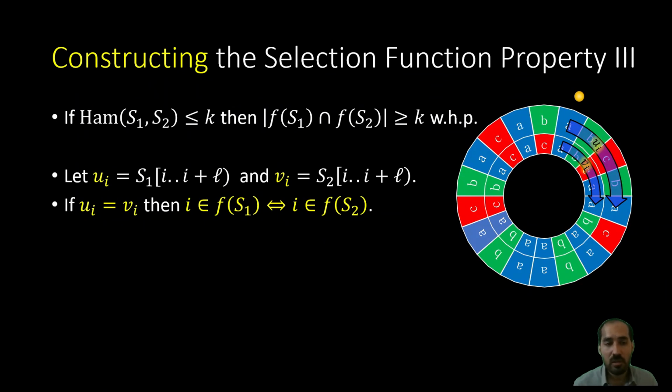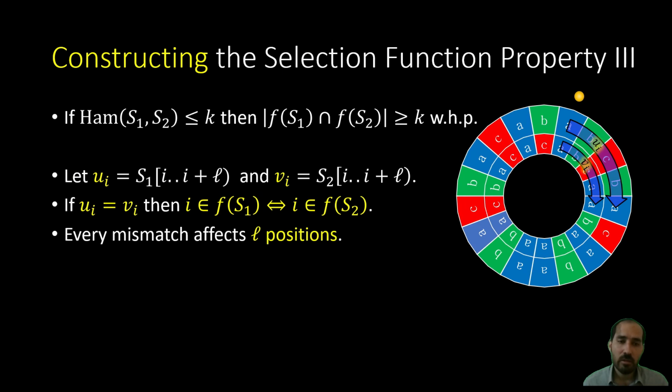Now notice that if u_i equals v_i, then either u_i and v_i are active and we take i for both selection functions, or it is not active and we will not take it for both strings. And therefore, every mismatch affects just the positions i where the mismatch is in the range of length L starting at position i, so every mismatch affects at most L positions.